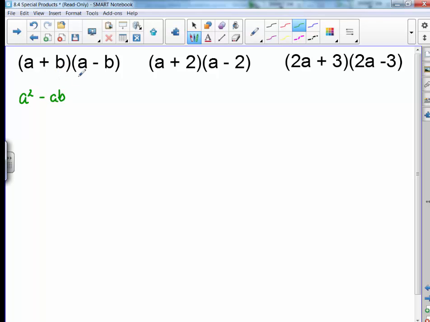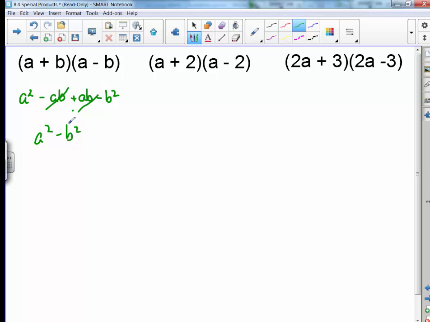B times A and you get AB. And B times negative B and you get negative B squared. Look, negative AB and positive AB cancel each other out. So they're gone. And you're left with A squared minus B squared.